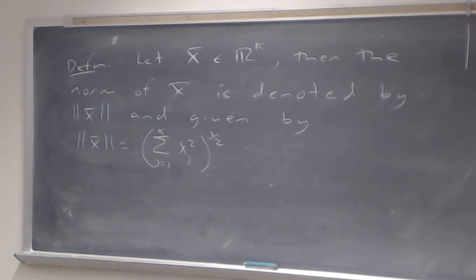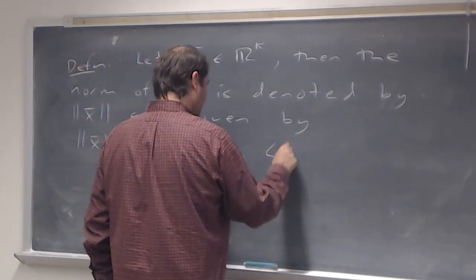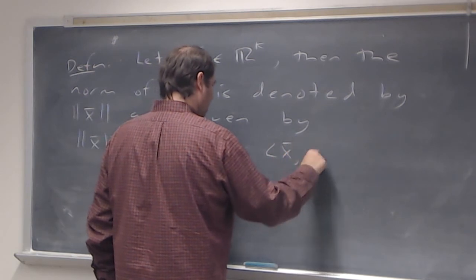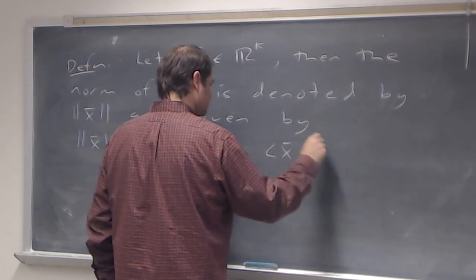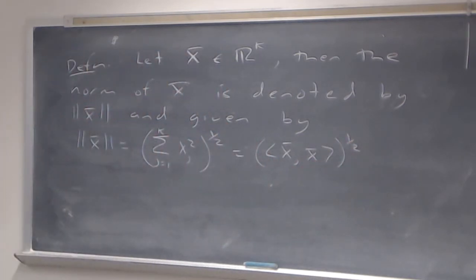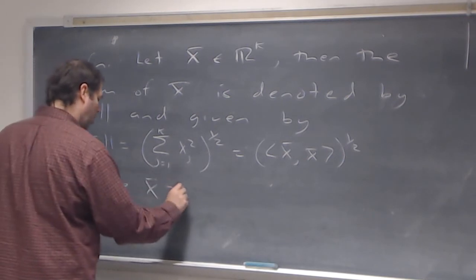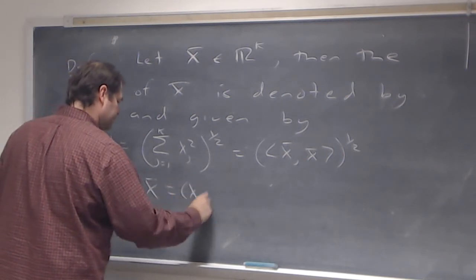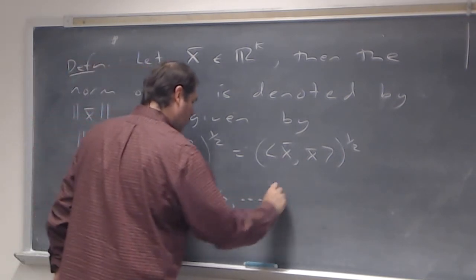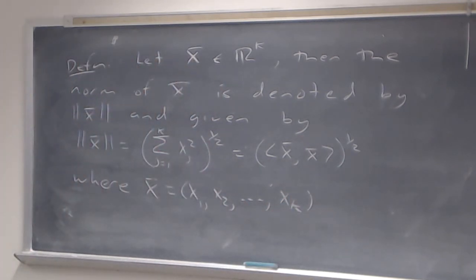And that is the same thing as the inner product of x bar with itself, raised to the 1/2 power, where x bar is equal to (x1, x2, all the way up to xk). That's the definition of a norm.